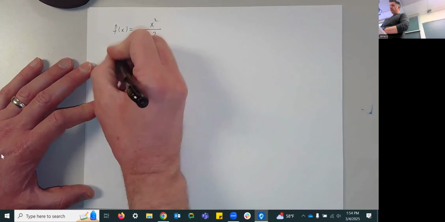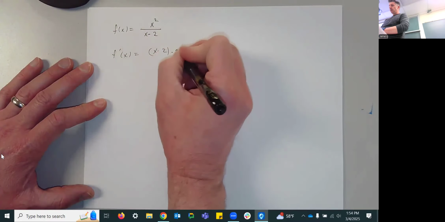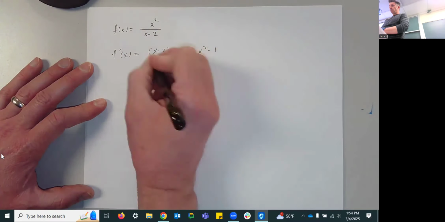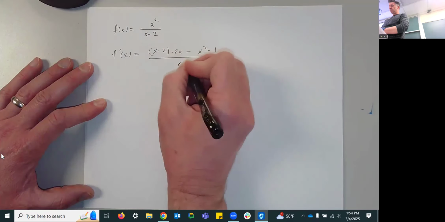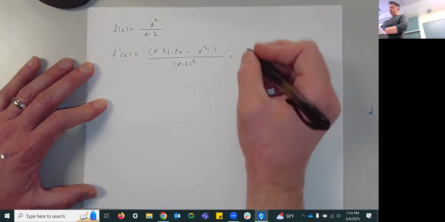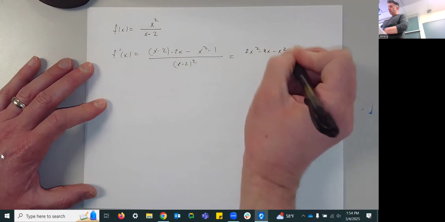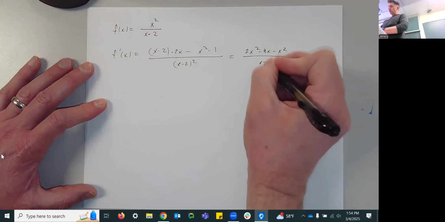So our first derivative is going to be the bottom times the derivative of the top minus the top times the derivative of the bottom, all over the bottom squared. And simplifying, we're going to get 2x squared minus 4x minus x squared all over x minus 2 squared.